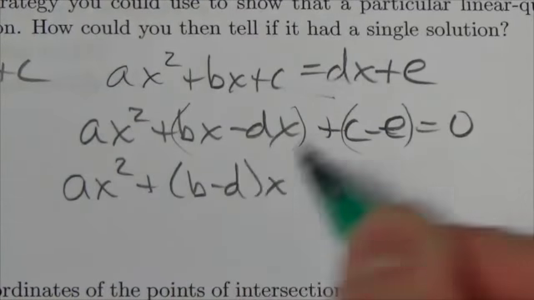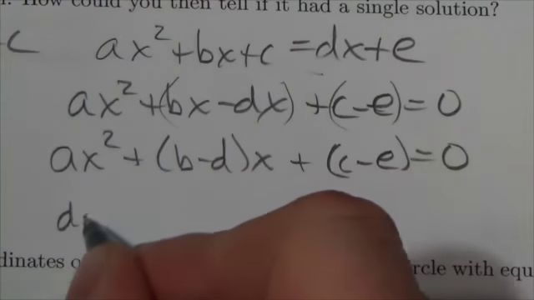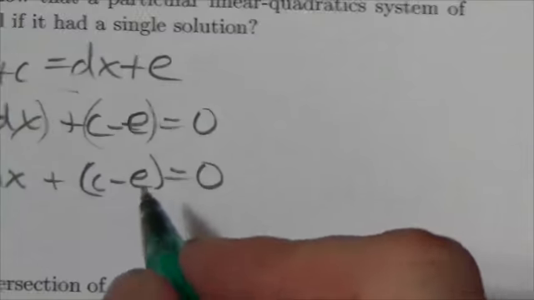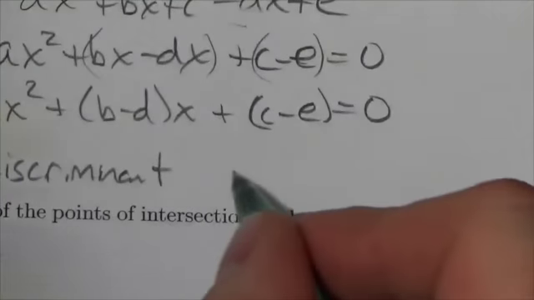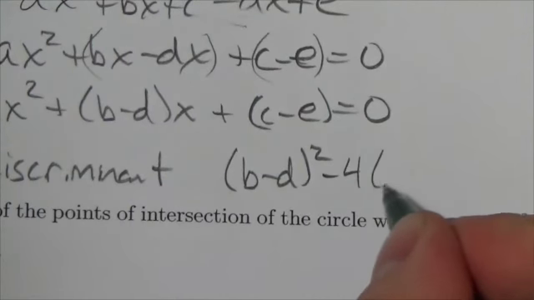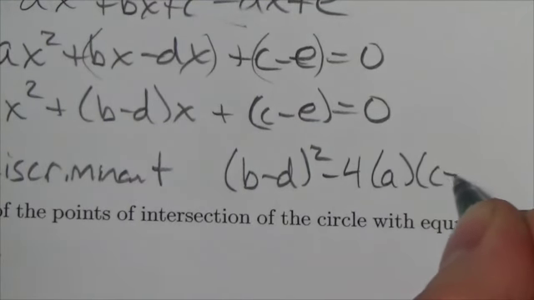Well, you go back to a tool that we've been using throughout this course. We're going to check the discriminant. In this case, the discriminant is going to have the value (b minus d) squared minus 4 times a times (c minus e).